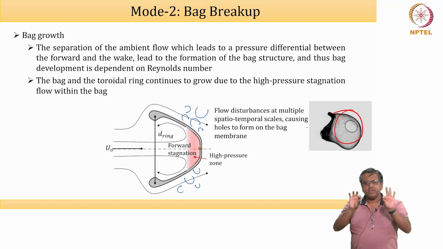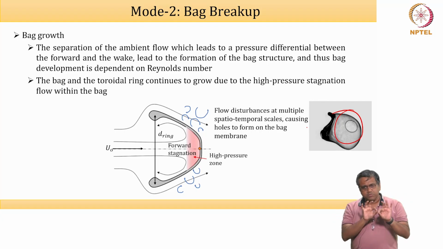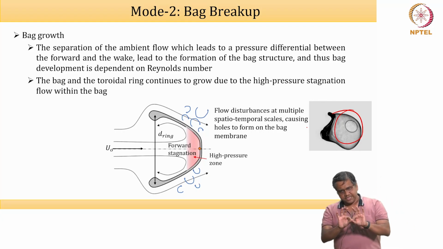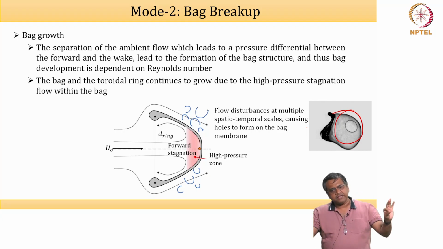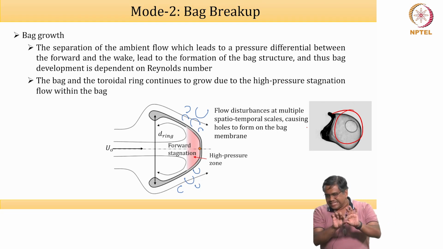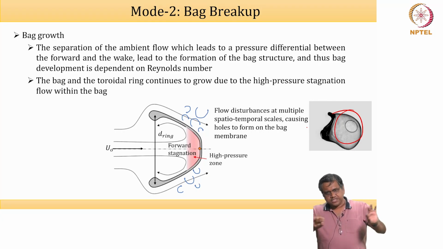Now why this hole is created is almost impossible to model unless you go down to the van der Waals scale and stuff like that. There are several theories attached to why the hole actually forms, because it's not a simple capillary instability like the Rayleigh-Plateau and others that we are talking about. It's a little bit different. It's like a sheet which is continuously thinned and thinned and thinned, and then it develops the hole.